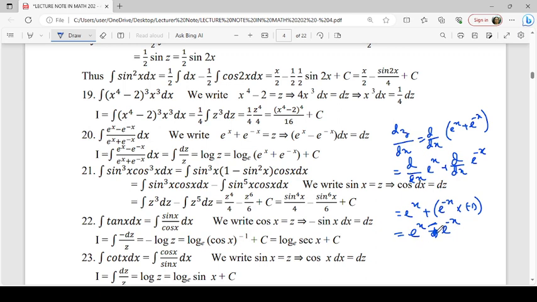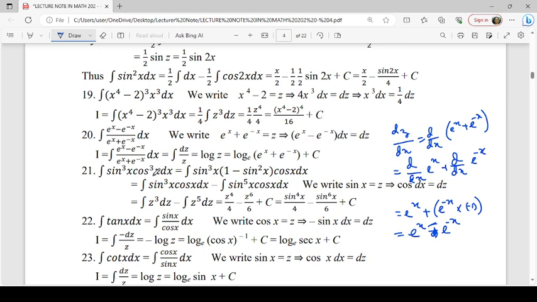So dz is e to the power x minus e to the power minus x into dx. So this into dx is equal to dz. After substitution of z, we get dz here. So the integration of 1 by z formula is log z. In place of z I am writing e to the power x plus e to the power minus x. So this is done with the help of the method of substitution.